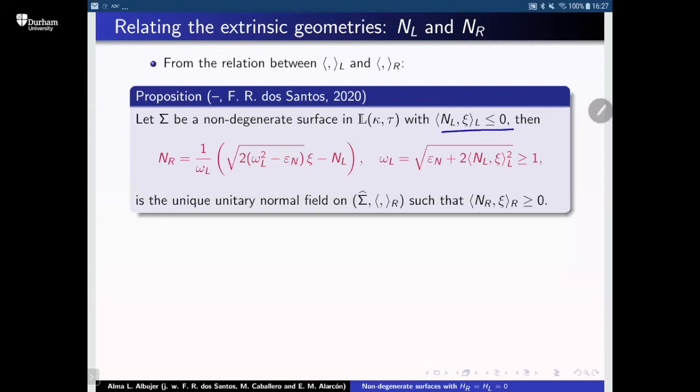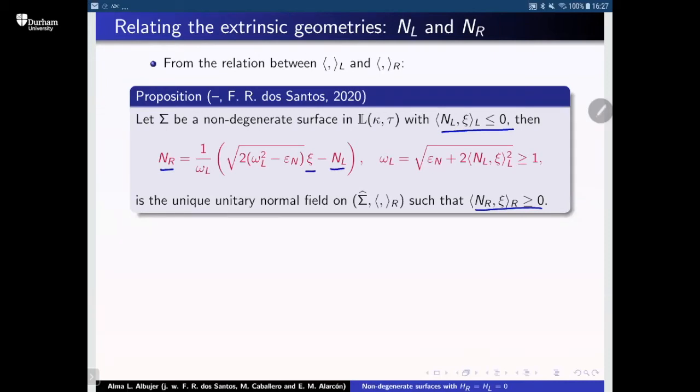And so we can check that if this inequality is satisfied, then we can always write one of the two normals as a linear combination of the other normal vector field and the Killing vector field G. So we have this nice relation between the normal vector fields. And furthermore, the NR, the normal with respect to the metric induced from E kappa tau, is going to satisfy this inequality here.